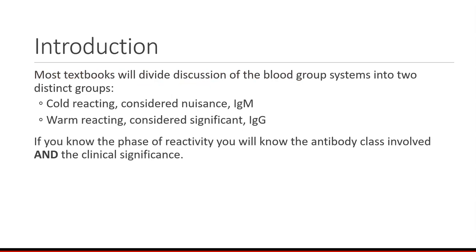Most textbooks will divide discussion of the blood group systems into two distinct groups: the cold reacting, which are considered nuisance and are IgM class, and warm reacting, which are considered clinically significant, and the antibody class involved is IgG. If you know the phase of reactivity, you will know the antibody class involved. If you know the antibody class involved, then you will know the clinical significance.